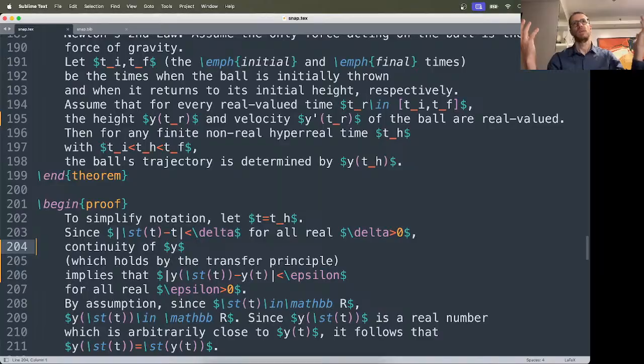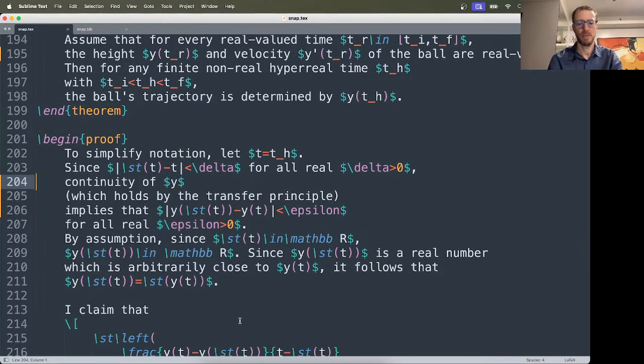I mean, y is a polynomial. You could explicitly compute everything. Anyway.